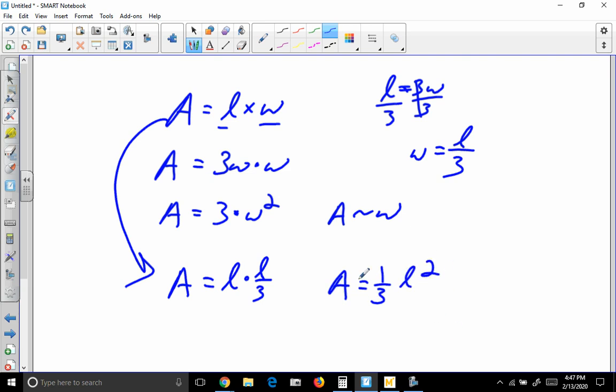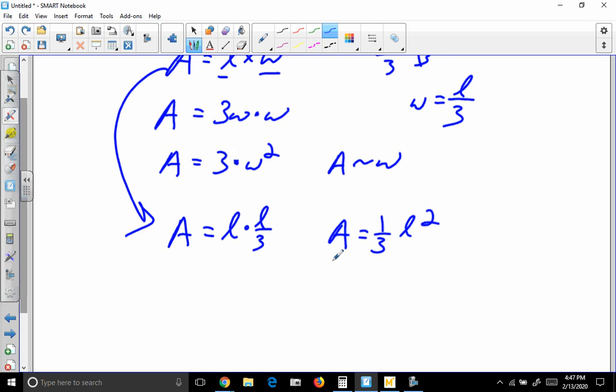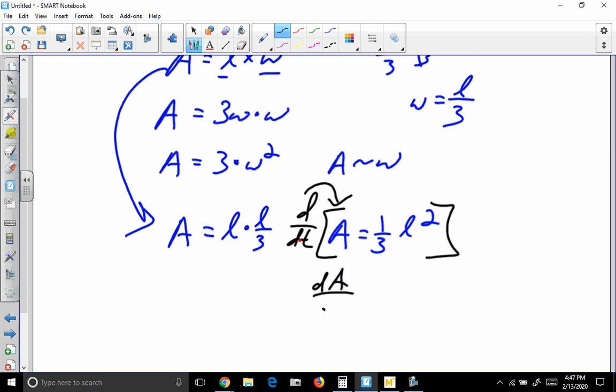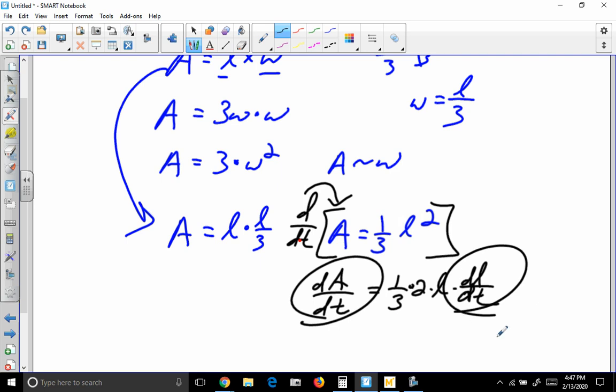Once we have an equation that relates the two variables that we're changing, then we can see how their rates are related. Take the derivative of both sides with respect to time, and this will tell us how area is changing over time compared to how the length is changing compared to time. So we have two rates, and we can compare them.